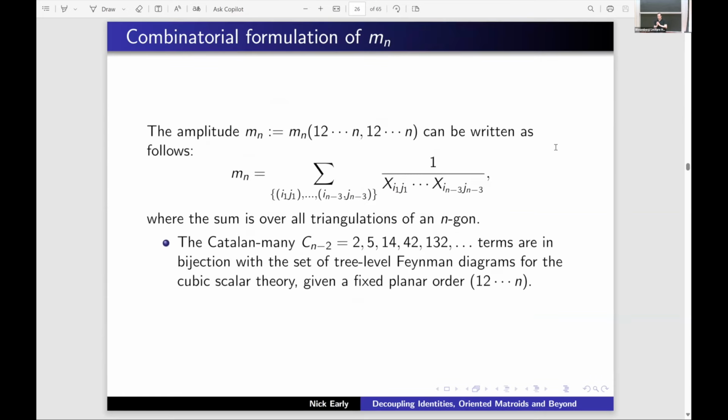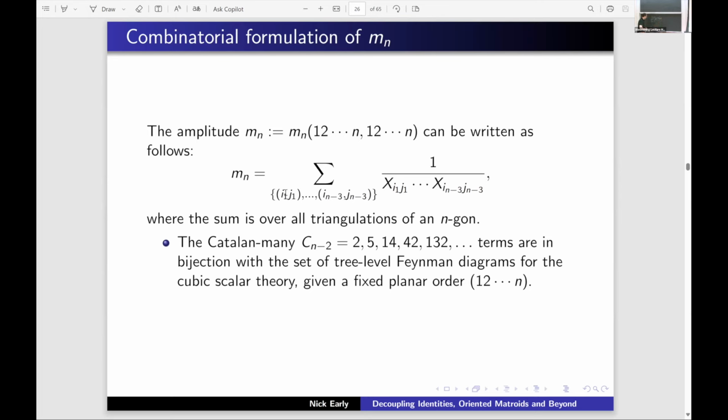So, okay, here we have the combinatorial formula for the planar phi cubed amplitude: the sum over all triangulations of an n-gon, taking a product of the chords in each triangulation. So we have an n-gon, and to this n-gon we associate 1 over the product of the chords, x15, x14, x24.